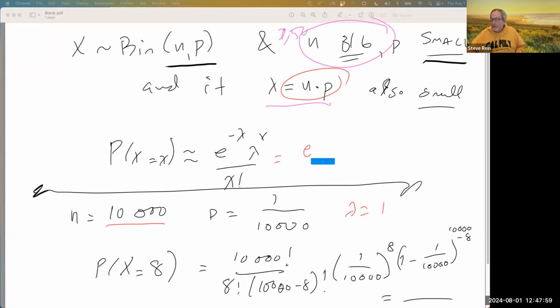So I get e to the minus 1, times lambda, which is just 1 to the 8th power, over 8 factorial. That's relatively easy to calculate, rather quick to get. E to the minus 1 over 8 factorial. Now, it's a small number, but we could find that chance pretty quickly. Any questions about how to do that?